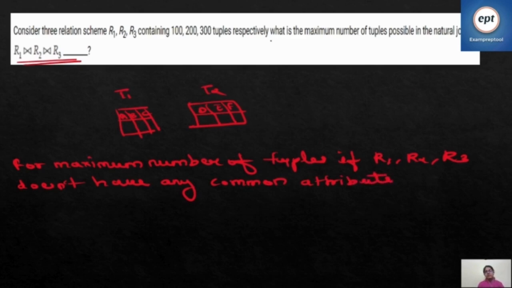Here they are asking us for the maximum tuples, so obviously we will go for the worst case. What can be the worst case of natural join? That no attribute is common. So that's why we are going for this case.